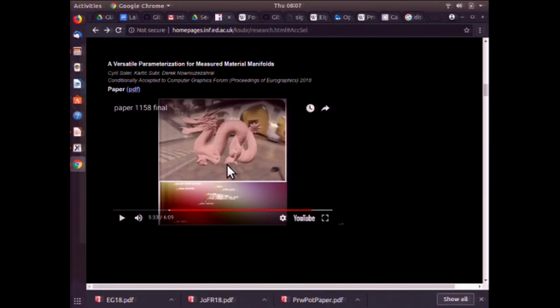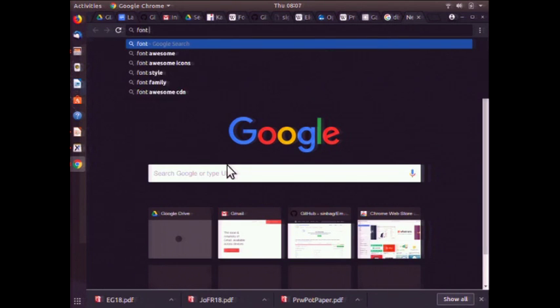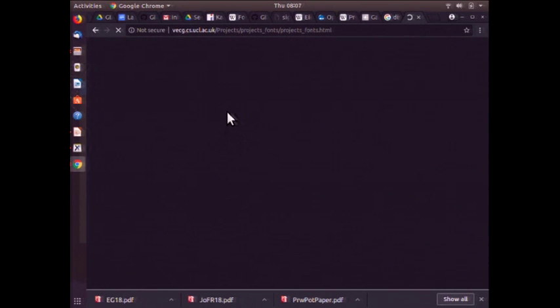A very visual place you can see this is a paper one of my friends did on font manifolds, a manifold of fonts. If you've not seen it, you can see this latent space traversal very visually.